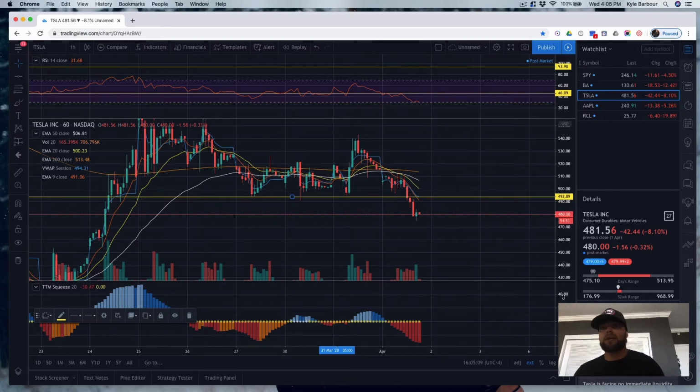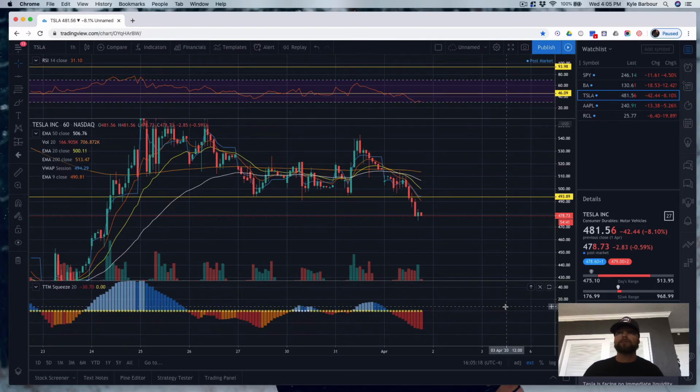Another indicator is the TTM squeeze. The TTM squeeze is relatively new to me, but I'm finding it very valuable. It's going to show, I think, the ebb and flow of where the momentum is going.